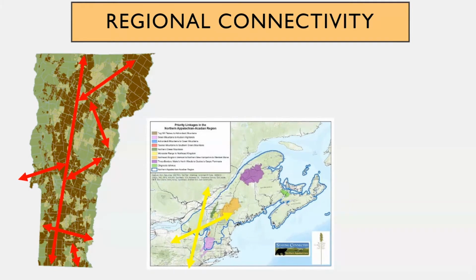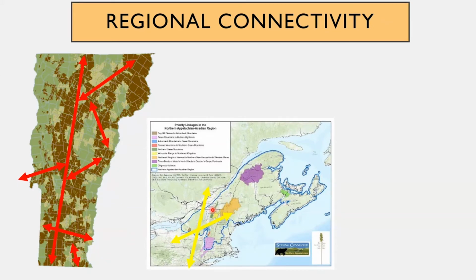Some of you might be aware of a partnership called the Staying Connected Initiative, and this is something that we're involved in, looking at these critical areas for habitat connectivity across the landscape. And this image is a little bit off, but the idea here is that Vermont is really at the crossroads for species that are moving up out of southern New England and dispersing into Maine and Canada.